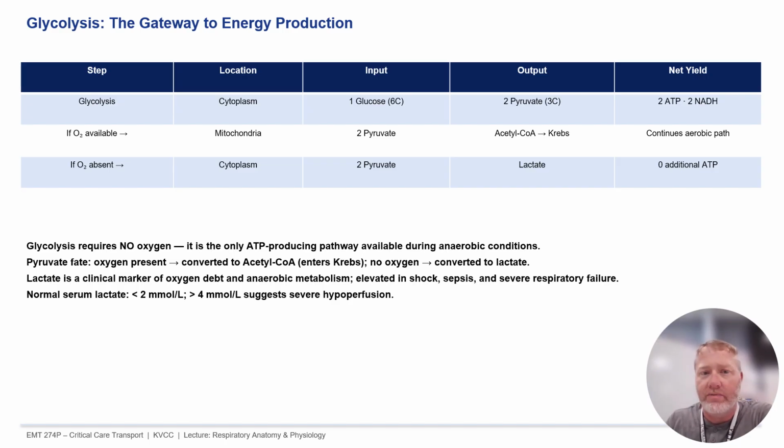One molecule of glucose, which is a 6-carbon sugar, if you remember the chemistry composition, is split into two molecules of pyruvate. In the process, the cell nets 2 ATP and produces 2 NADH, which carry electrons to the electron transport chain.